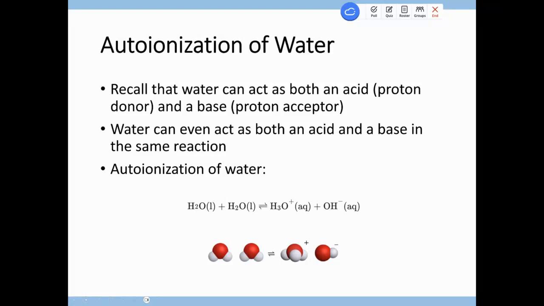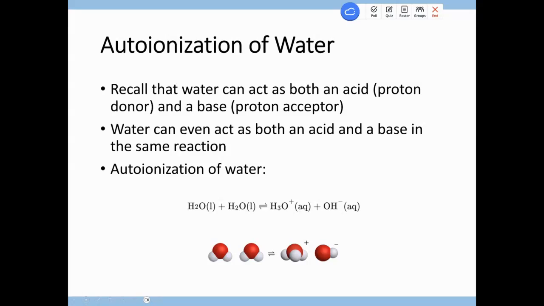If all that's present is pure H2O, it can still act as a base and as an acid. So in the same reaction with just H2O, our acid and our base are both H2O. One of the water molecules can donate a hydrogen and the other one can accept a hydrogen, and we form H3O plus and OH minus.